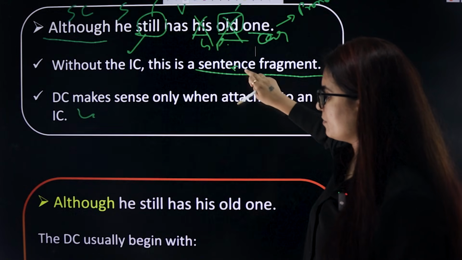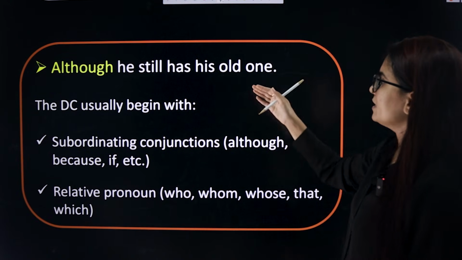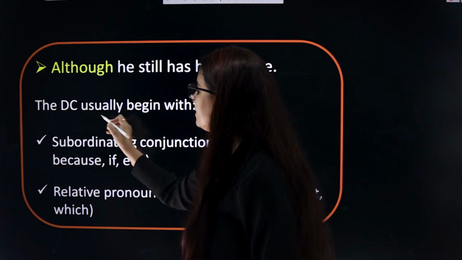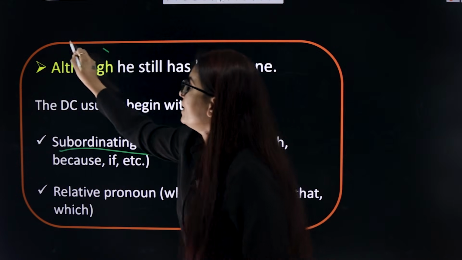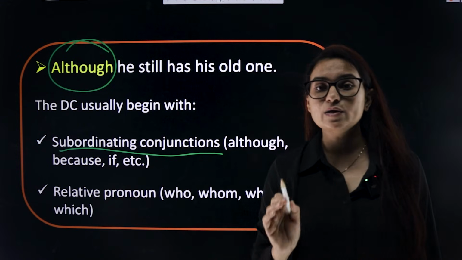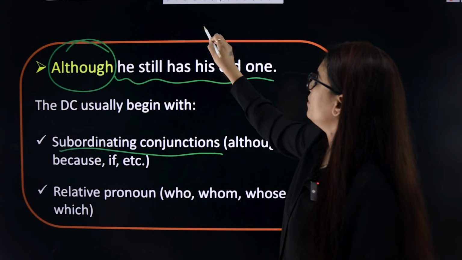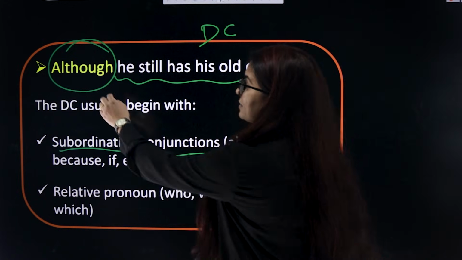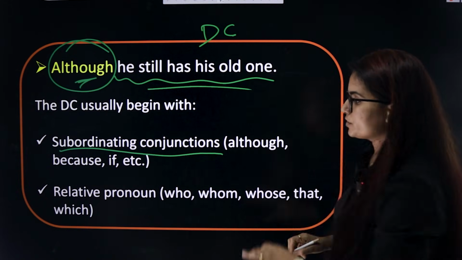Let's move on to the next segment of this class. We have another example on your screen. "Although he still has his old one": the dependent clause usually begins with a subordinating conjunction. Whenever you find a sentence starting with this subordinating conjunction, that sentence becomes a dependent clause.